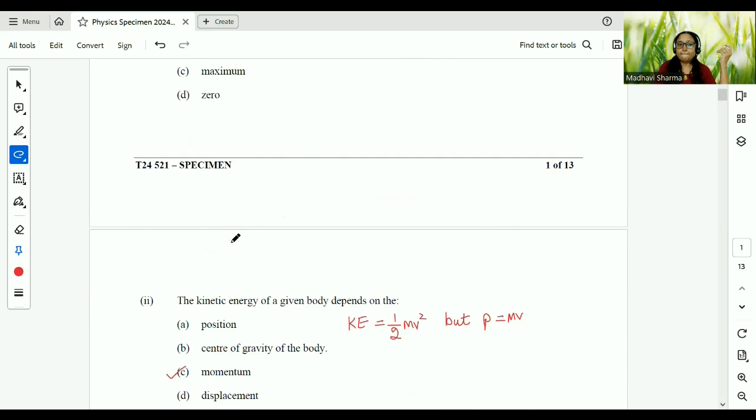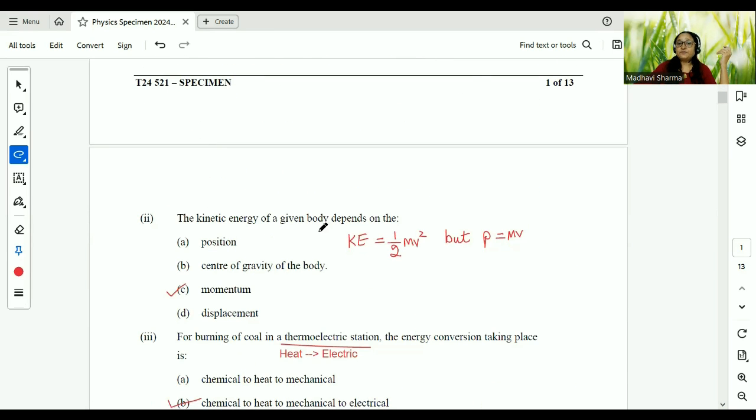We go ahead. The kinetic energy of a given body depends on momentum. Yes. But if momentum is not given, then it is displacement. How? Because kinetic energy is actually retardation into displacement.